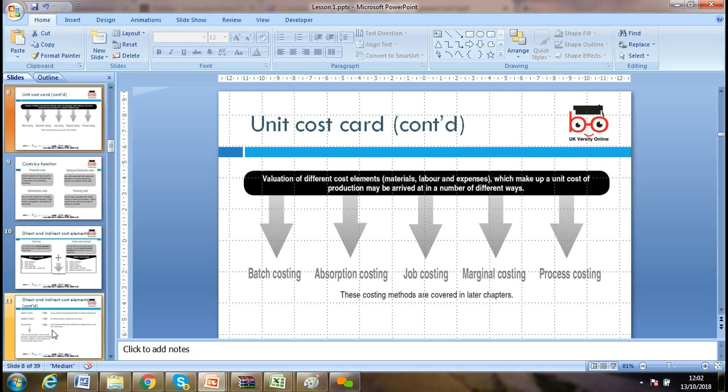Absorption costing means absorb. Let me give you an example. Say you're living in a shared accommodation, and the room you occupy is a very small room, but the other housemates have a big room. Is it okay to pay equal energy bills, gas, electricity? No, it's not acceptable in commercial work.